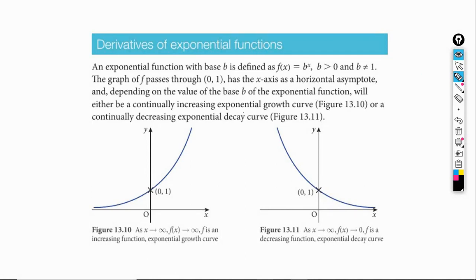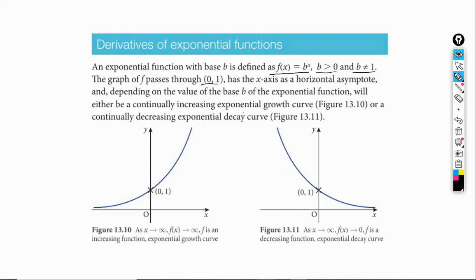Let's remember a few concepts about exponential functions. First of all, they are in the form f of x equals b to the x, where b has to be positive and b cannot equal 1. Normally the graph passes through 0, 1 unless there's some kind of shift.